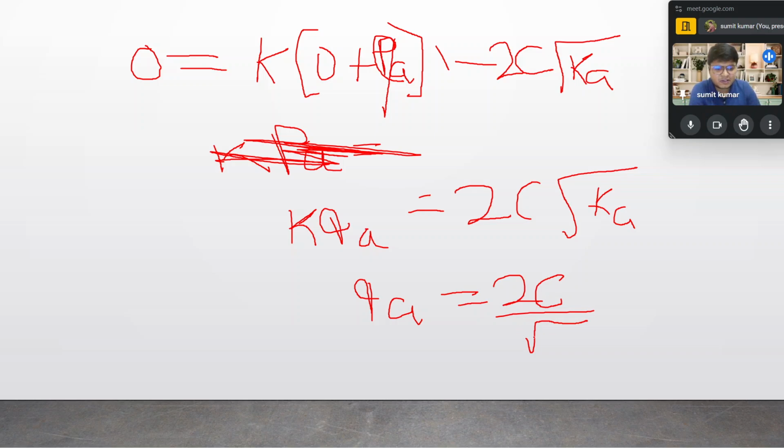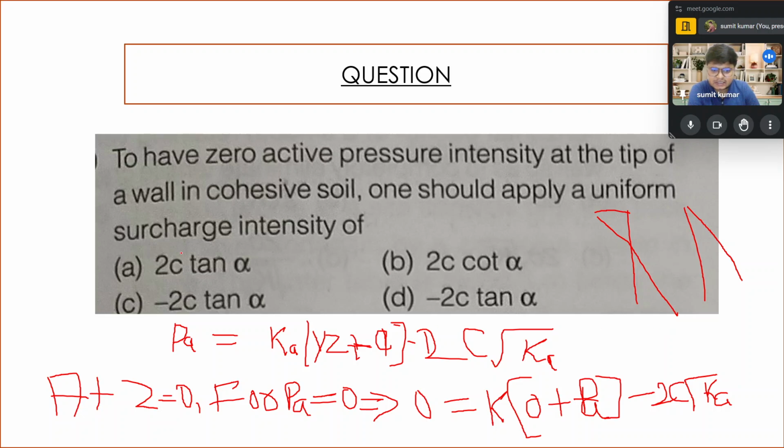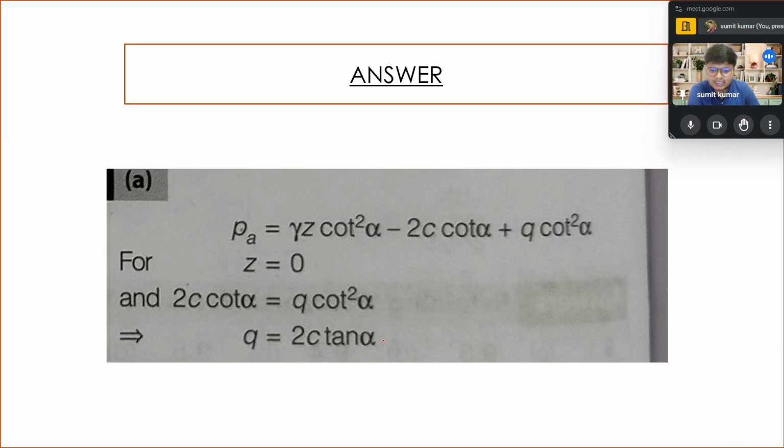Cot square (45 plus phi by 2) is cot square alpha. So 2C tan alpha. That is going to be this option A. Option A is our correct answer.